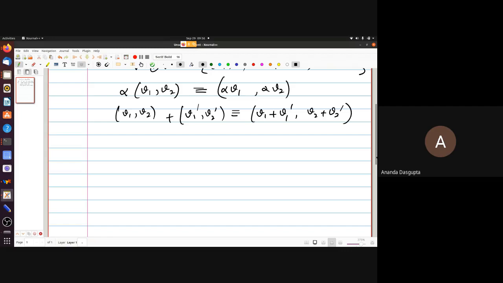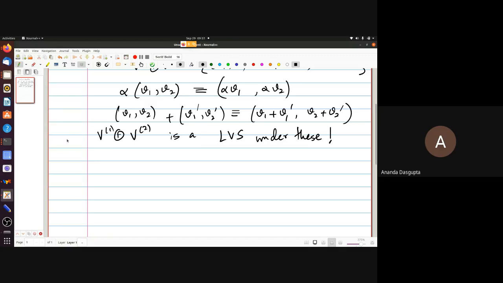You multiply as if you are in the individual vector spaces, you add exactly the same way. So this is what a direct sum of two vector spaces is, and it is easy to show that V1 direct sum V2 is a linear vector space under these operations.